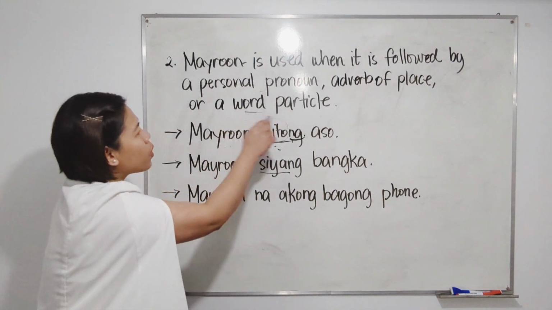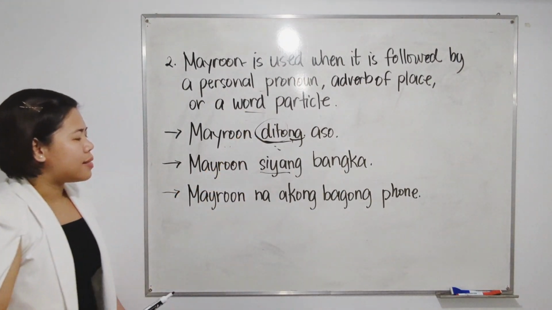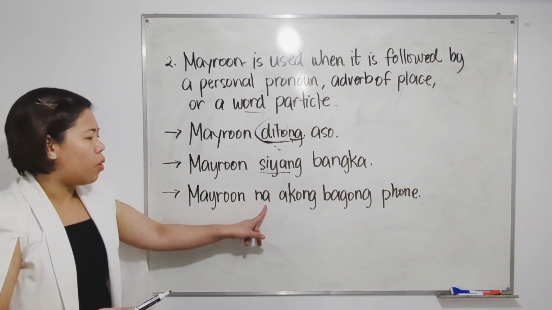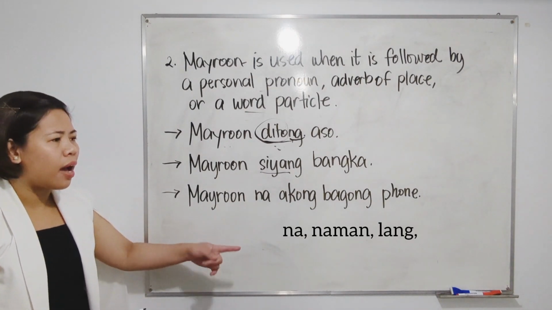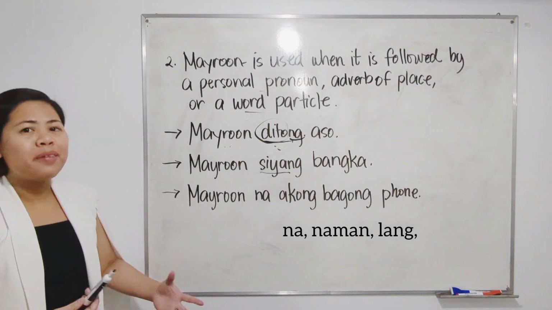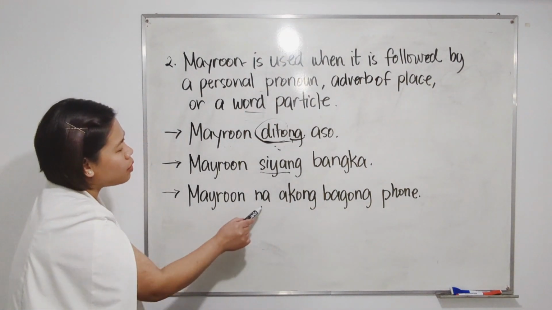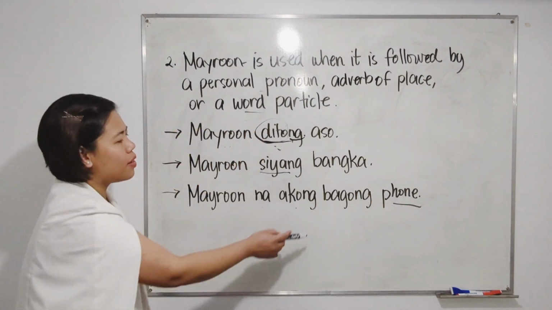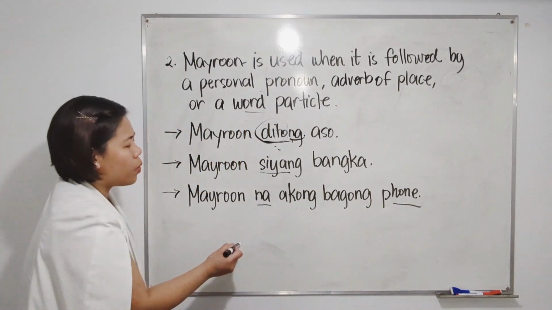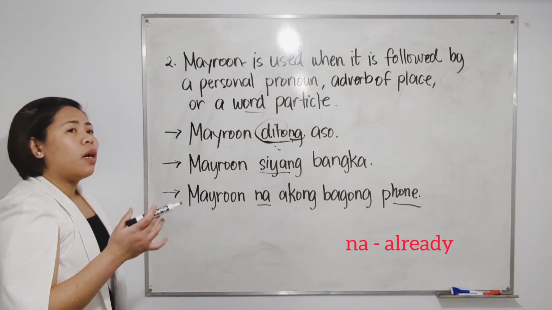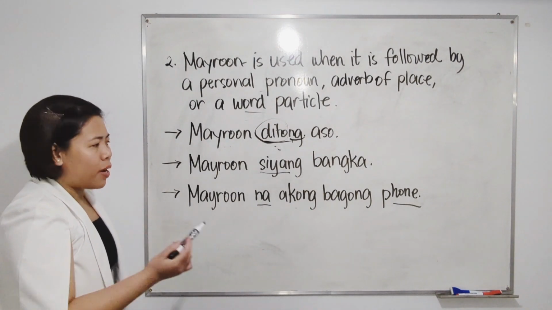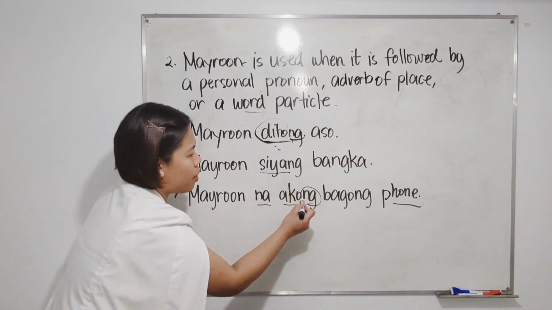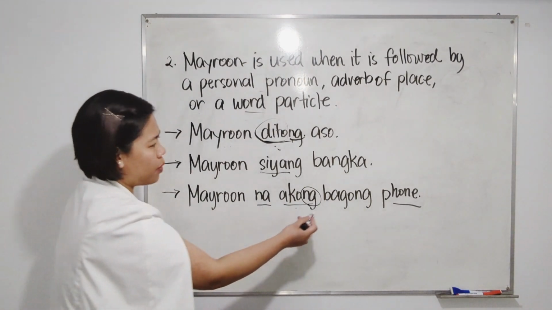So, okay, how about a word particle? And this is what I meant when in the Filipino language, we always use this na, naman, lang. So here, "mayroon na akong bagong phone." Phone. Na is a word particle, but in English, it could mean already. Already. Ako. Ako is I. We put NG there as a connector, so it won't sound broken.